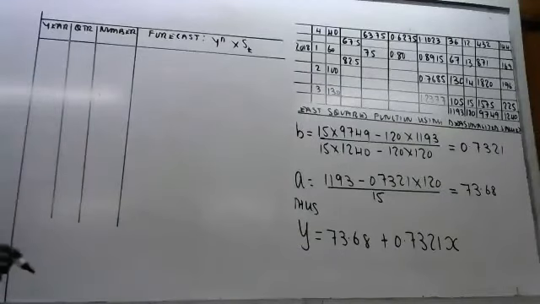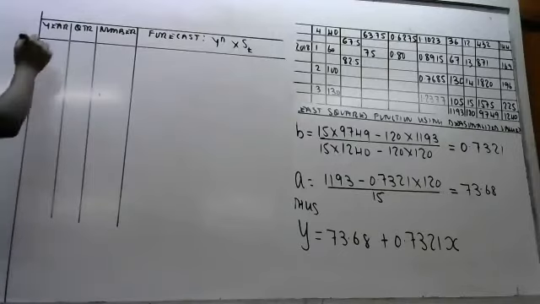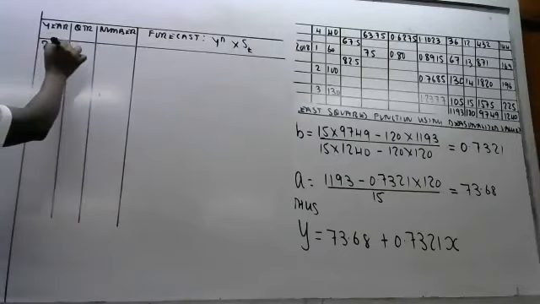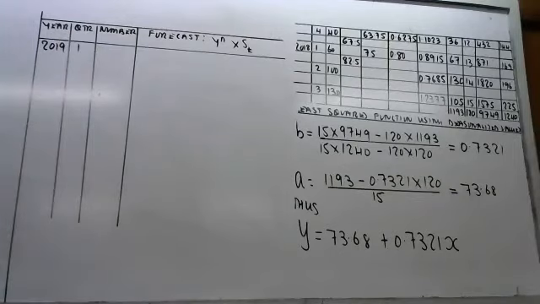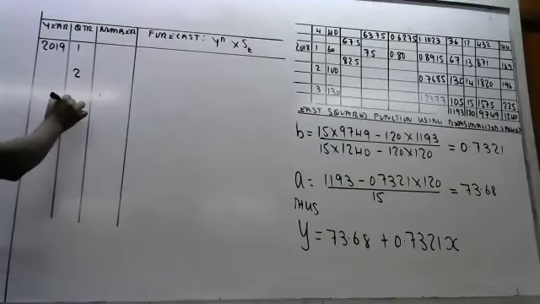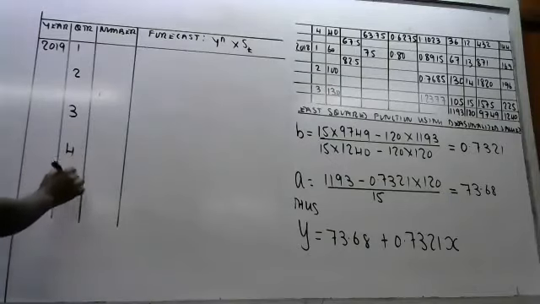So we were told to predict for the year 2019. So it's 2019, quarter 1, quarter 2, quarter 3, and quarter 4.